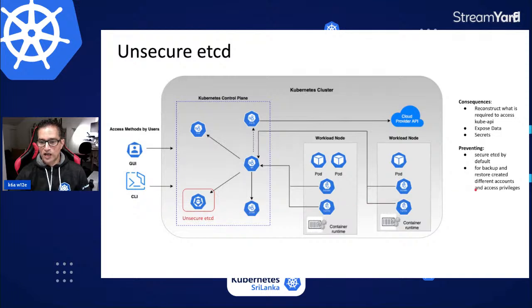So when you are doing that, secure it by default. When you're creating the Kubernetes cluster, secure etcd by default. Only create separate service accounts, ideally, for backup and restoration of etcd.